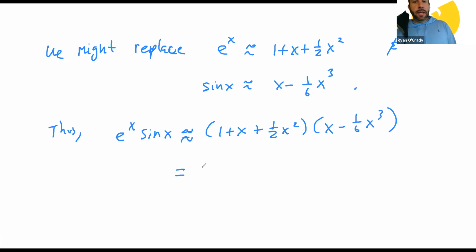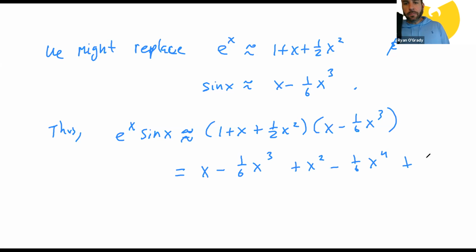And then if you multiply it out, you're left with x minus 1/6 x cubed, and then it's plus x squared minus 1/6 x to the 4th. I'm just doing algebra. And then it's plus 1/2 x cubed minus 1/12 x to the 6th. Or not 6th, 5th.